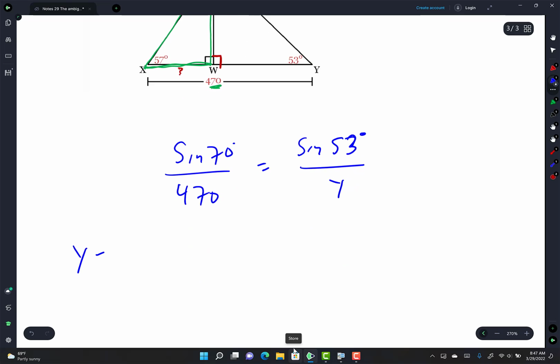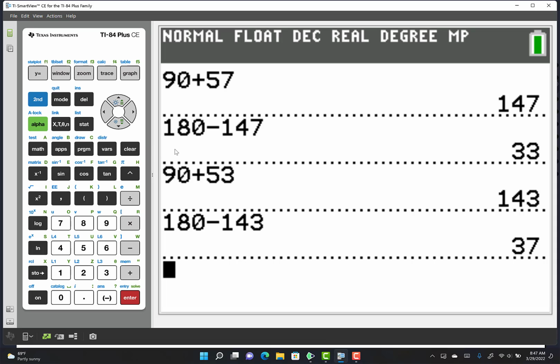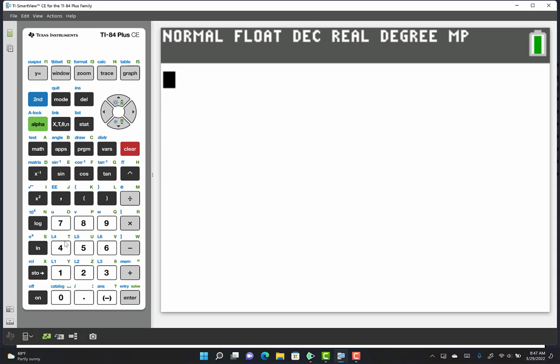So little y is equal to 470 sine 53 degrees divided by sine 70 degrees. So I'm going to type that into my calculator. 470 sine 53 divided by sine 70.